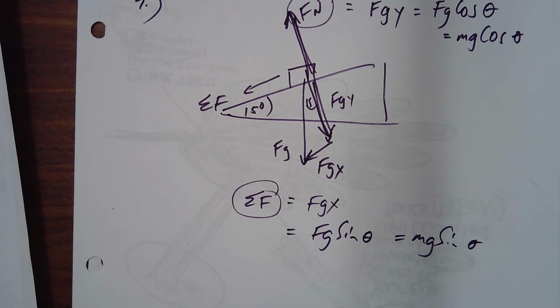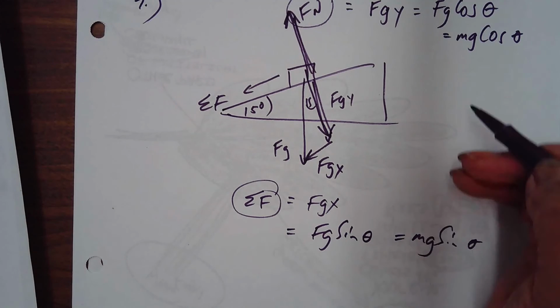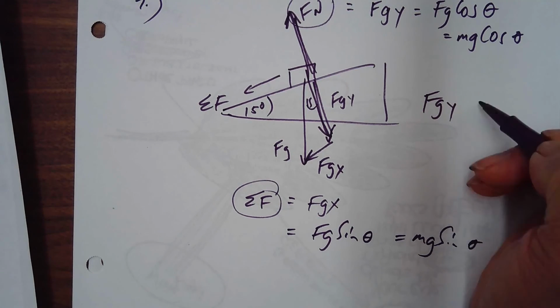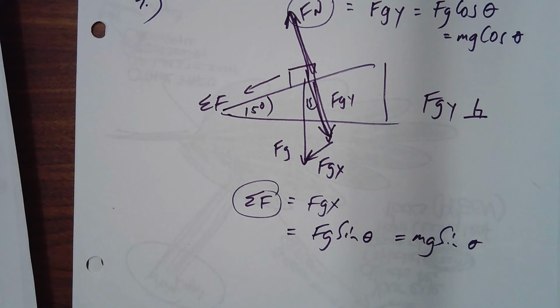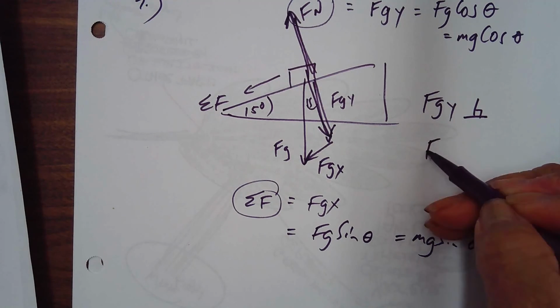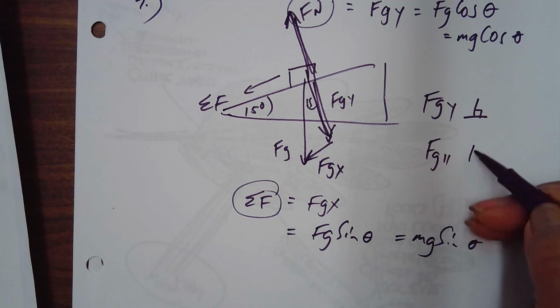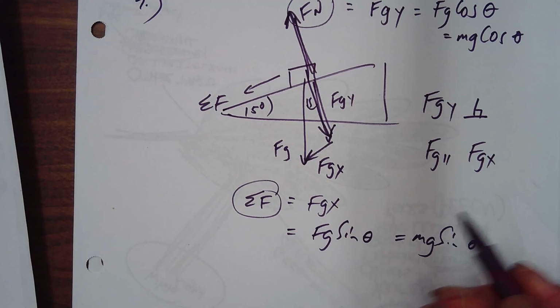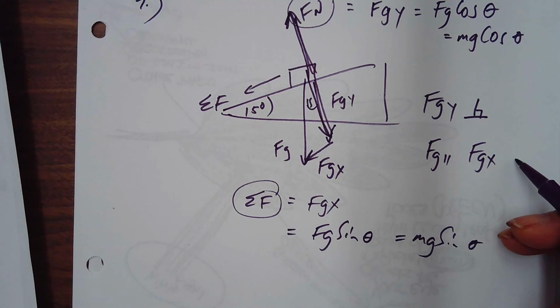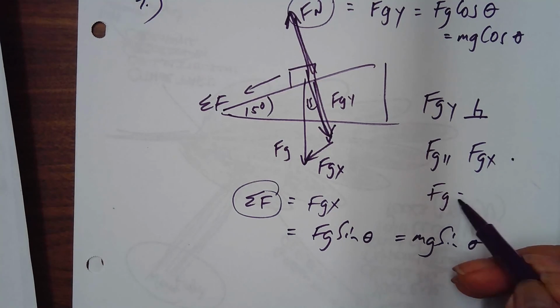What else? It says the perpendicular force. Perpendicular force is the Fgy, 90 degrees. The parallel force is Fgx, we found that. And the force of gravity is easy, it's mg.